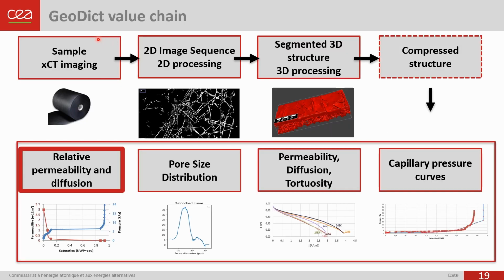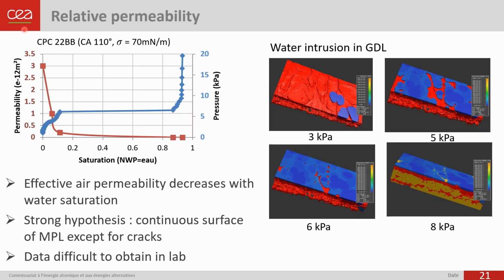Now let's see the relative permeability and relative diffusion. Here are the values of relative permeability, with this curve displaying the permeability at different points of the capillary pressure curves. This means that at different points of saturation, the permeability has been calculated, and this is the curve obtained.